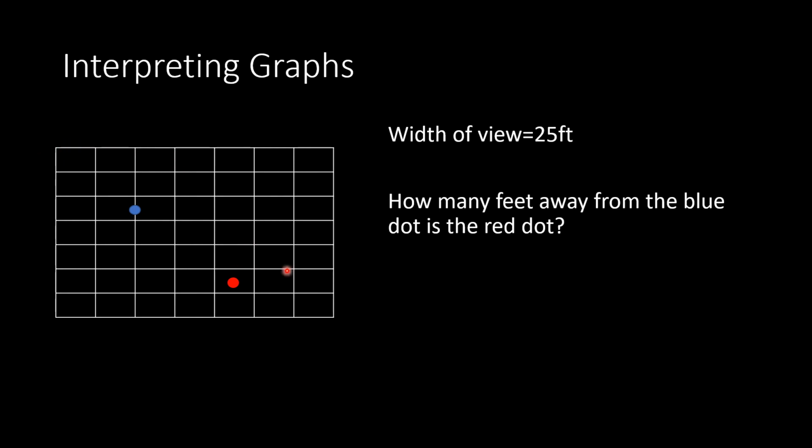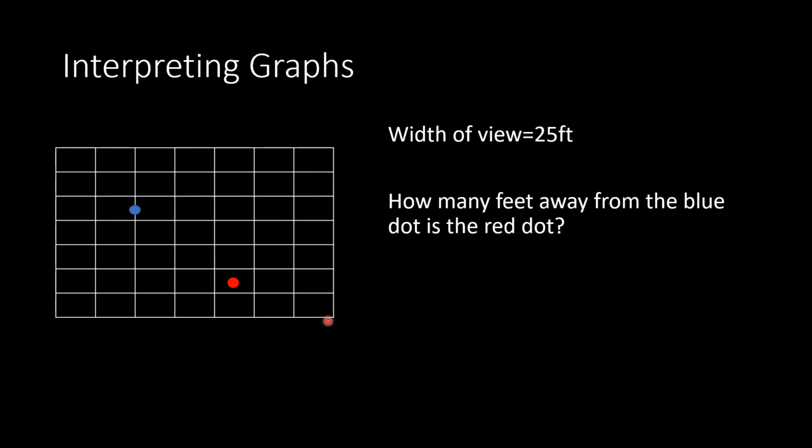I would advise not to do that just because the view should be the same vertically and horizontally, but normally you'll be given a view that is stretched in one direction, and that could throw off your results. So like we see here, the boxes are longer horizontally than they are vertically, and they should be the same width because it's the same number of boxes, and it should be the same 25 feet vertically and 25 feet horizontally.